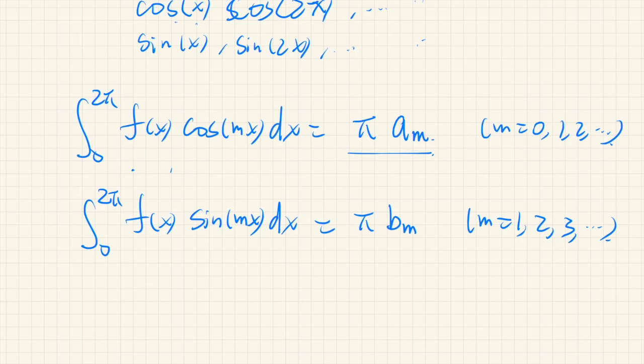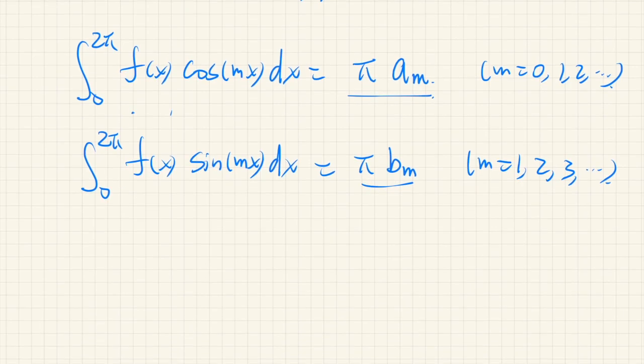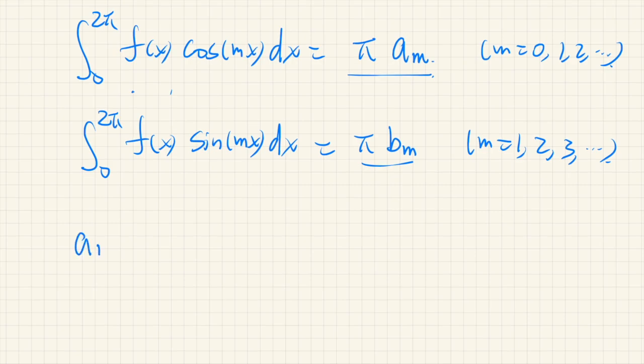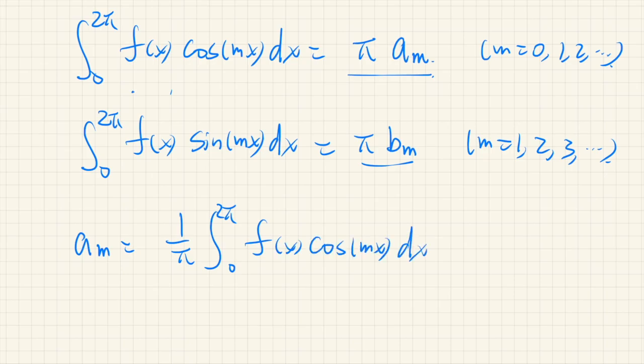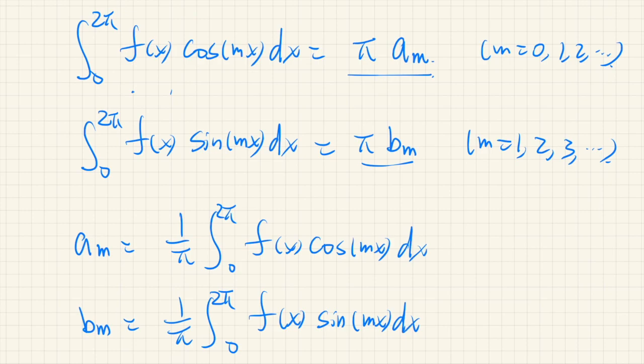From this, we can determine the values of these coefficients: am is equal to 1 over pi times the integral from 0 to 2 pi of f of x cosine mx dx, and bm is equal to this, with m from 0, 1, 2, and so on for am, and m from 1, 2, and so on for bm.